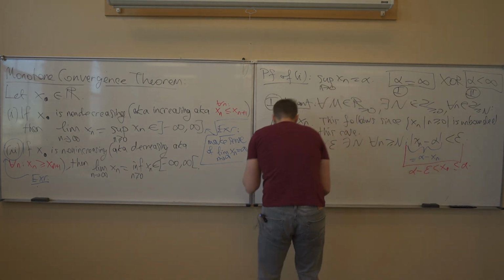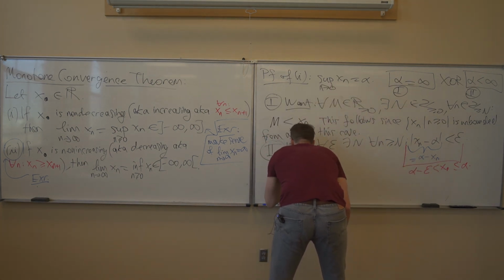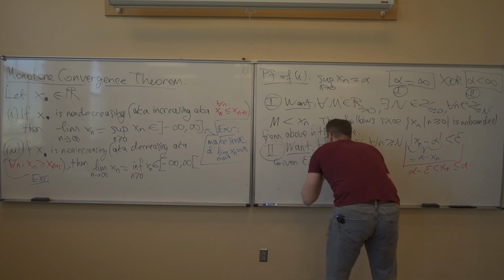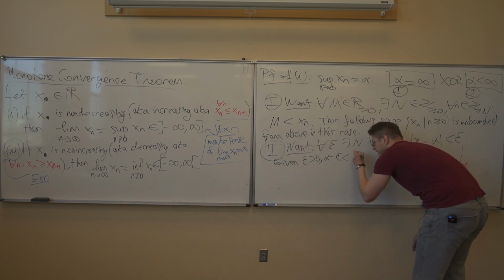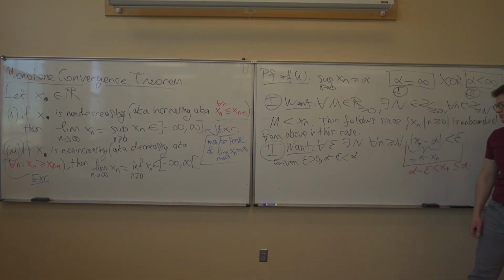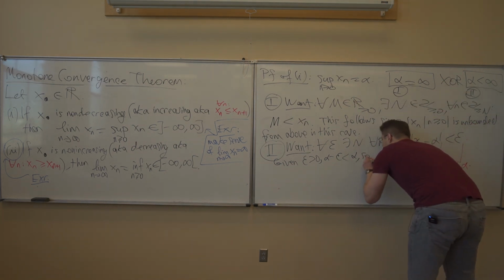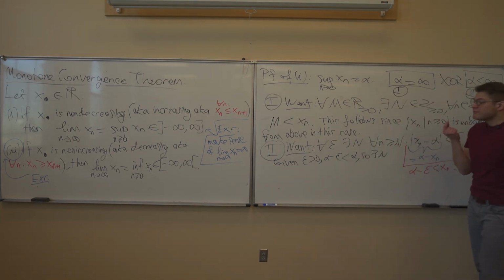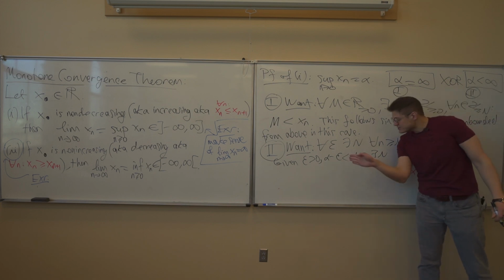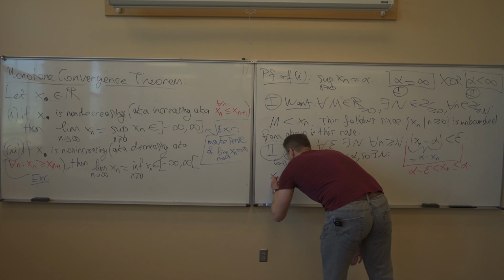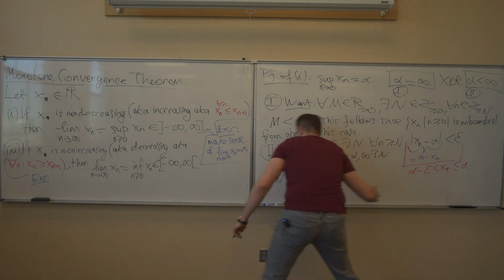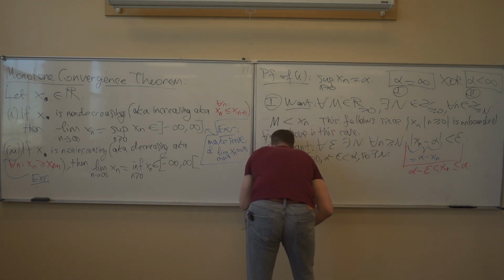Which means, given epsilon, alpha minus epsilon is less than alpha, which is a supremum. So there is at least one point that I can inject between this and this, such that x sub n dominates strictly alpha minus epsilon.